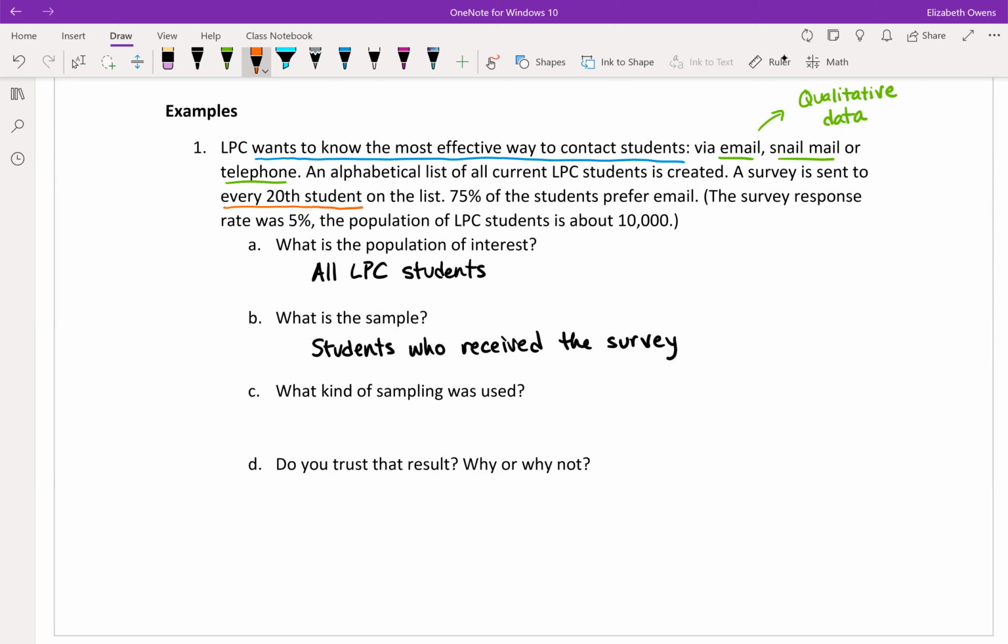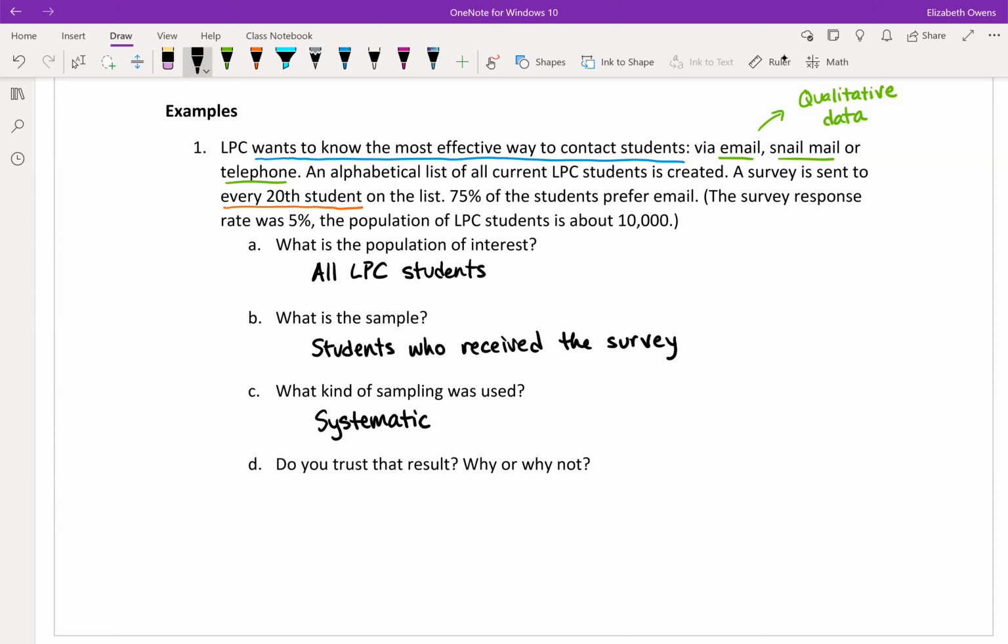So we have some starting point. I'm guessing probably the first student is our starting point since it didn't specify, but the survey is sent to every 20th student on the list. So that is a clear systematic, skip 20 students type of thing. Okay, systematic.